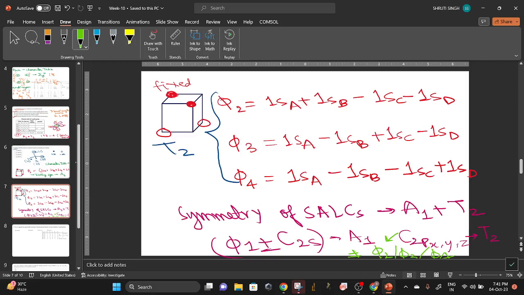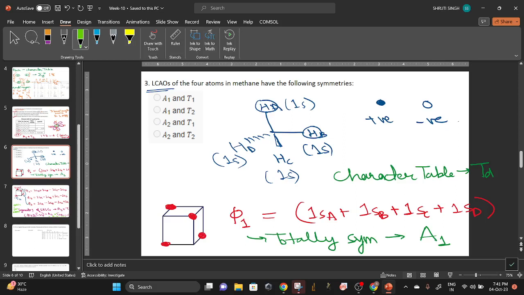So a total of 8 molecular orbitals, out of which 4 will be bonding and 4 will be antibonding molecular orbitals. So here the answer will be A1 plus T2, not T1. This is the correct answer. Not sure why T1 is not the answer.